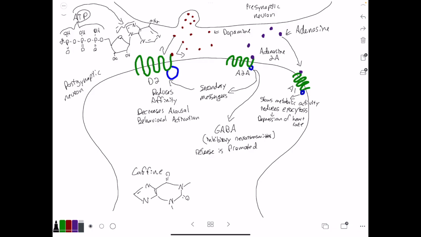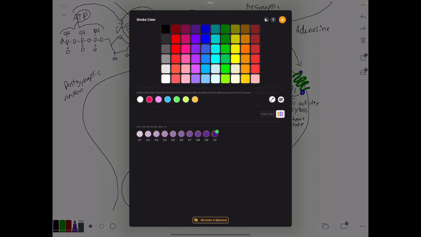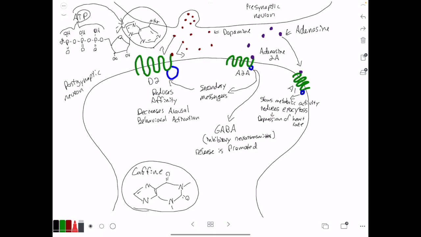No double bonds there. And so this is caffeine, and so it looks quite familiar, right? This structure here, quite familiar to part of our adenosine up here. And so it's no surprise. Let's make caffeine orange. So caffeine here.